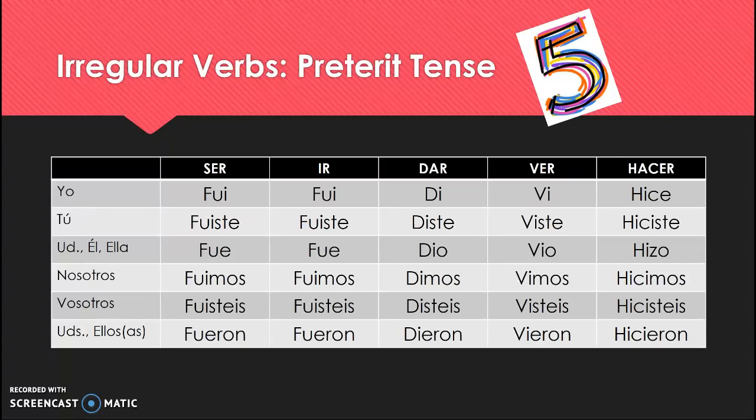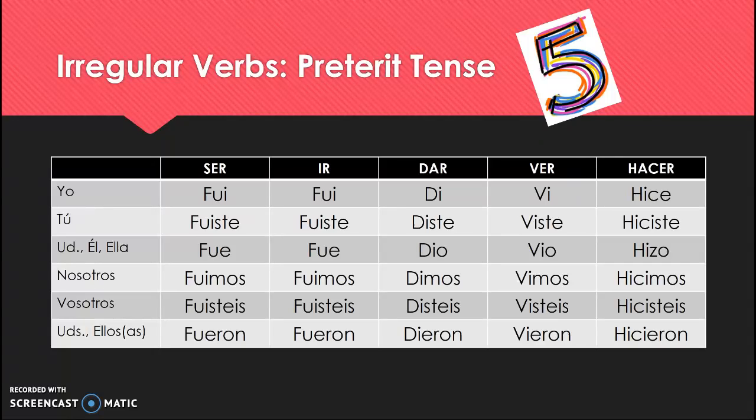The only way to differentiate when reading them is by context. Dar and ver are very similar as well. The only difference is the d or the v to start off the conjugation: di, diste, dio, dimos, disteis, dieron; vi, viste, vio, vimos, visteis, vieron.